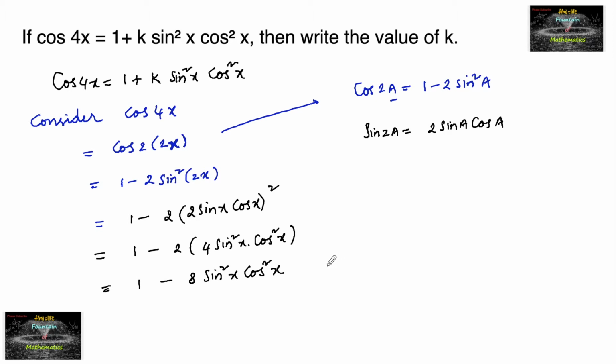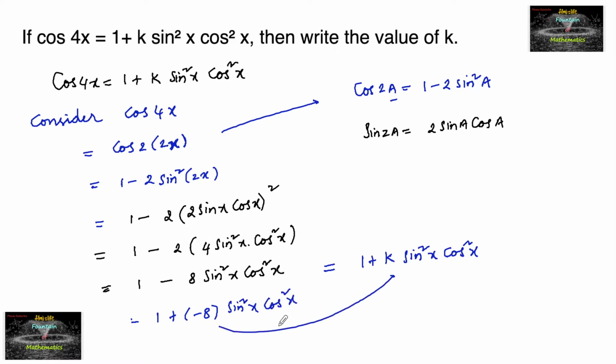And when comparing with 1 plus k sin square x into cos square x, we can observe that k is equal to minus 8. So on comparing both, we can give the answer k is equal to minus 8.